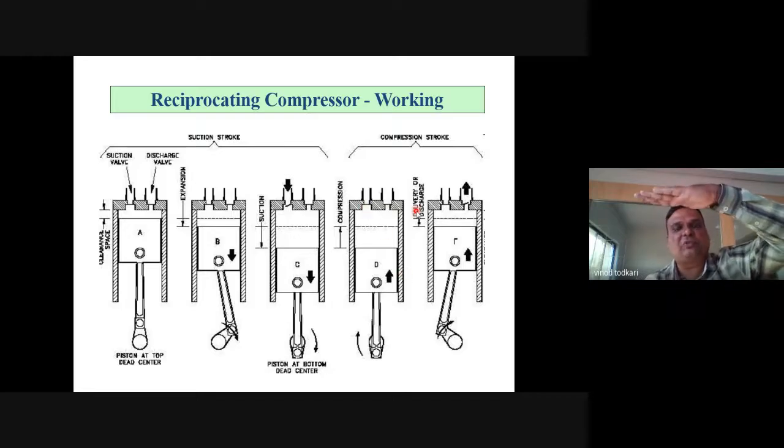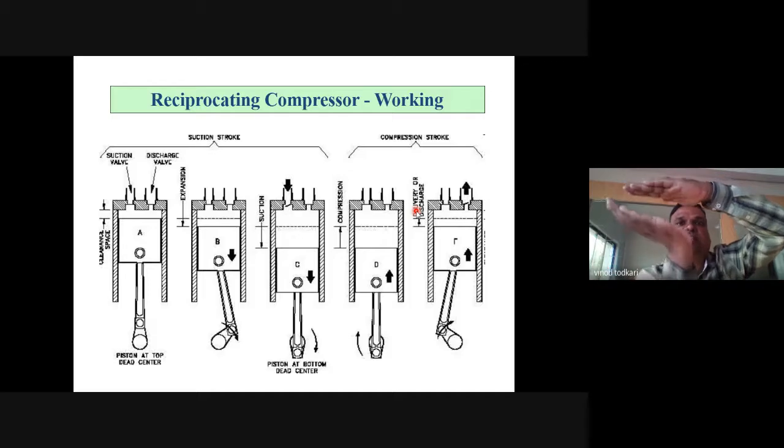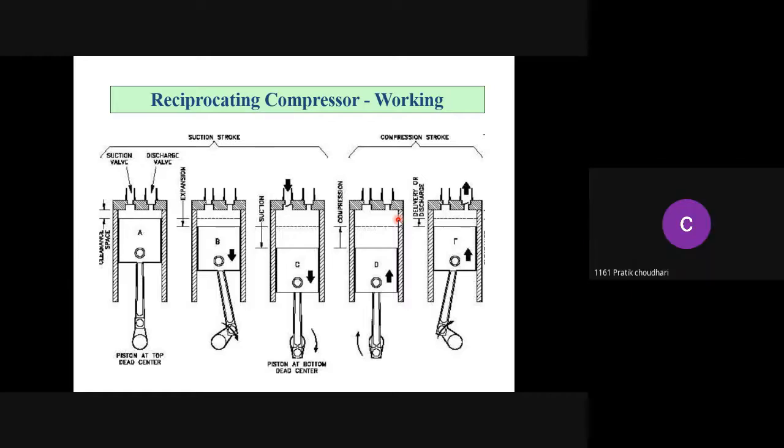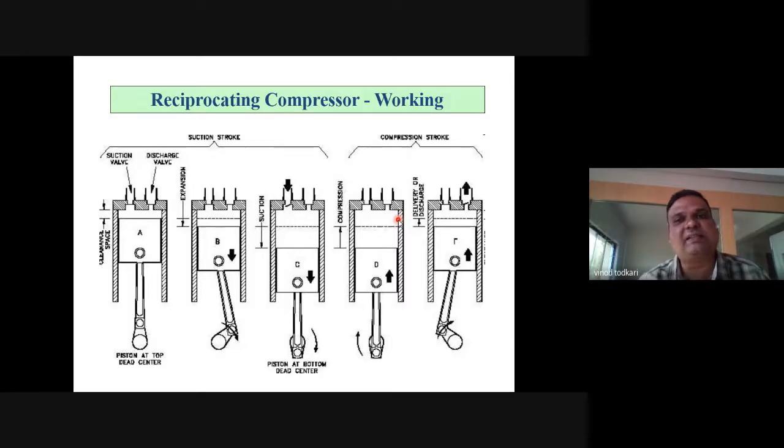Both valves are closed, so this end is closed and this end is moving in the upward direction. So what will happen to the volume of air? Decreases. And as the volume decreases, pressure increases.